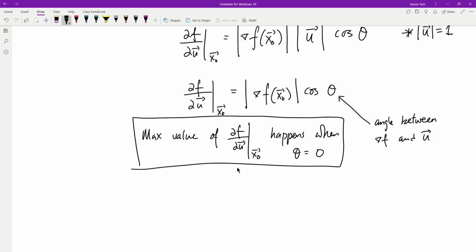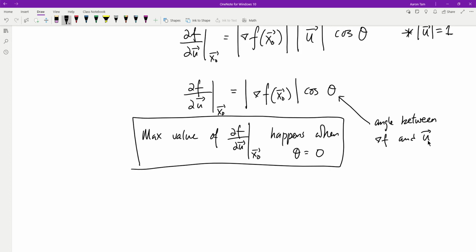Therefore, it indicates the following: in order for us to maximize this directional derivative, I need the angle between gradient of f and vector u to be 0. And now if you think about it geometrically, when two vectors have a 0 angle between them, what does that tell me? It tells me that those two vectors are parallel.